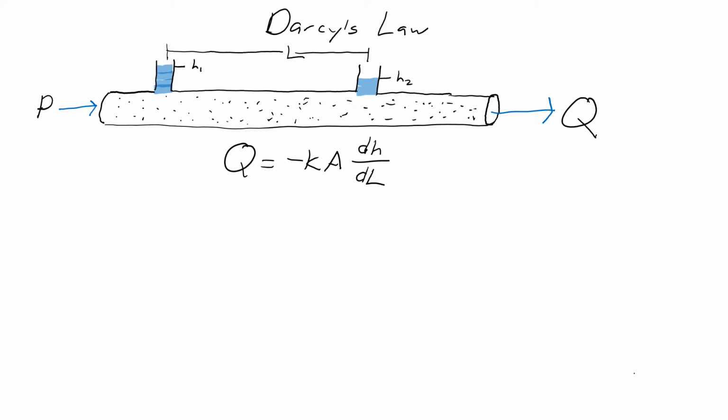Some materials, like sand and gravel, transmitted water much easier. That is represented by our K, which we will get to in a minute, the hydraulic conductivity, which varies from sand to clay to mixtures of sand and clay and silt and gravel.